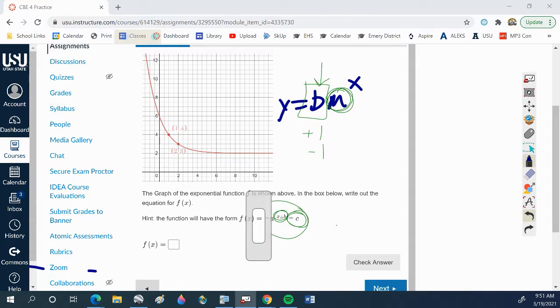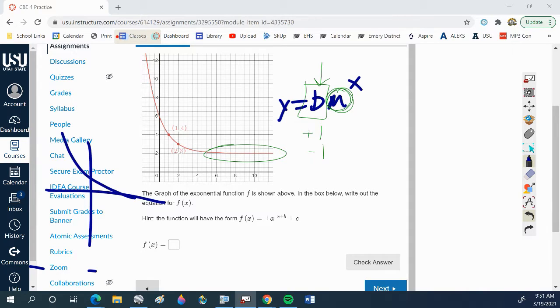Okay? So, can you tell if this graph has moved up or down from the original exponential equation? It's moved up. How far? Yeah, you have to look at the asymptote. So normally, every exponential equation approaches 0 either from the left or the right.